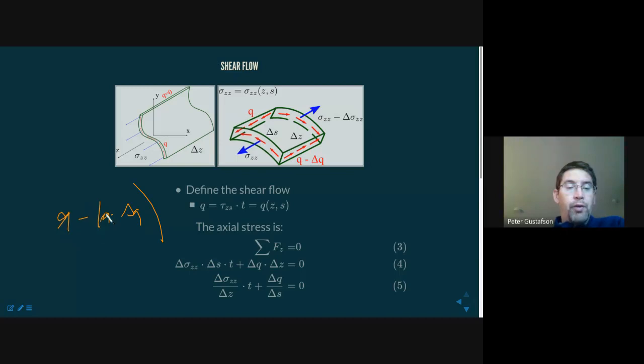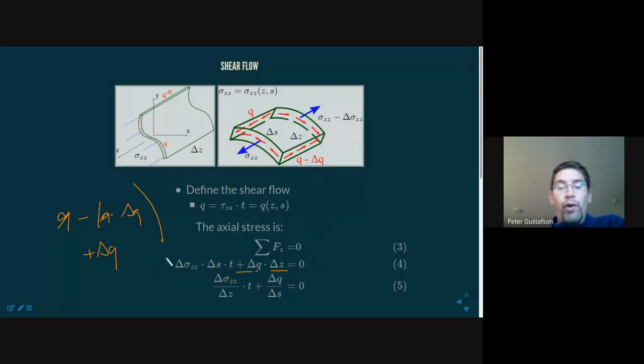Okay, so the Q's cancel. The minuses become plus delta Q. So we get a plus delta Q. And now, keeping in mind the unit on shear flow as we defined it was force per unit length, we multiply that by the unit length, delta Z, and that is the force contribution from the shears on these two sides of our differential element.